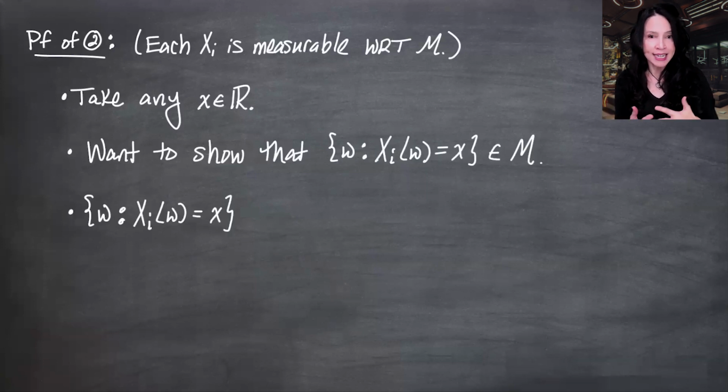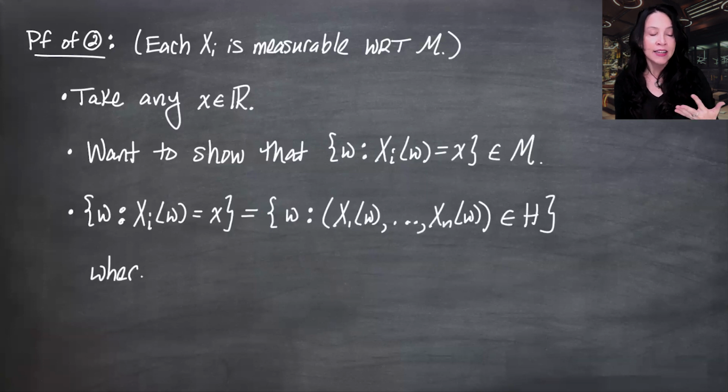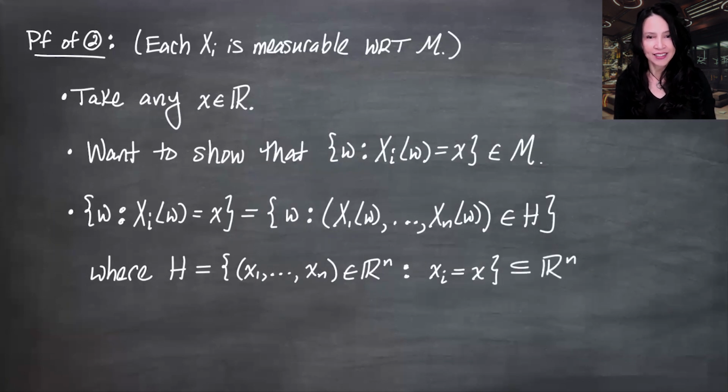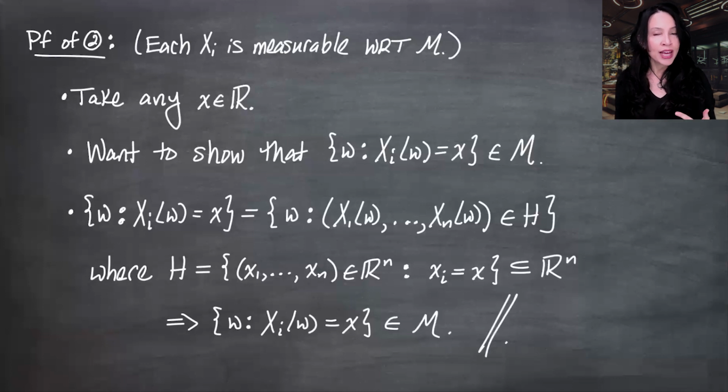In other words, this set is equal to this set if we define H to be all n-dimensional reals for which the ith component is equal to x. So we're done showing that this is in M, and therefore we have shown that the ith component of a random vector is measurable with respect to the sigma field M.